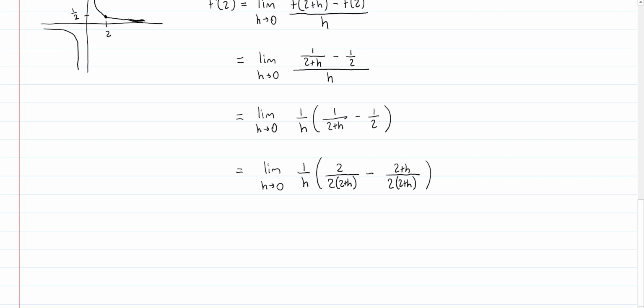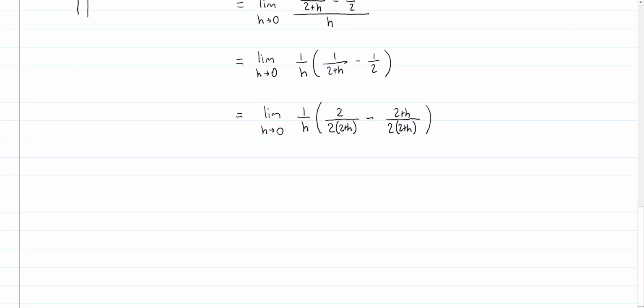That way they have a common denominator, so I can now combine them together. So in the numerator, we're going to have 2 minus 2 plus h. I want to be careful and put parentheses around it because I'm subtracting the whole thing. It's all over the common denominator.